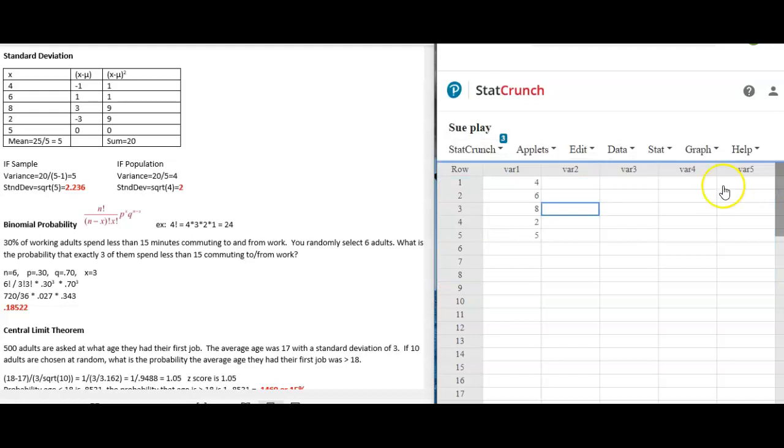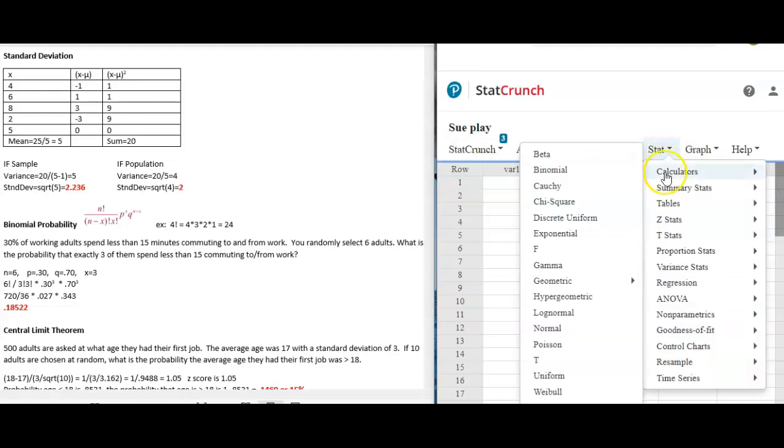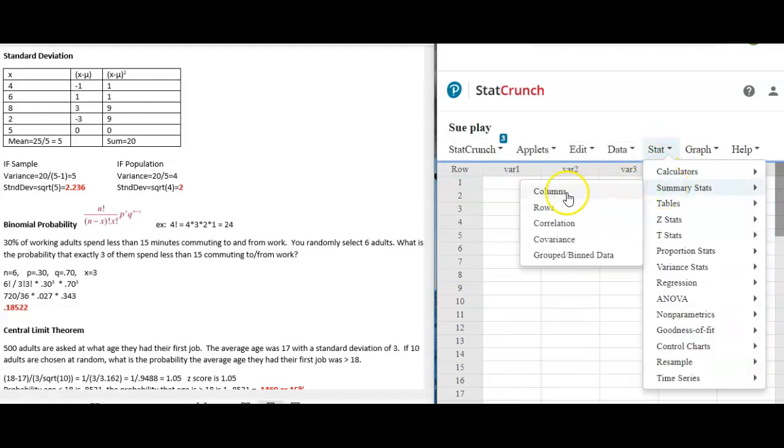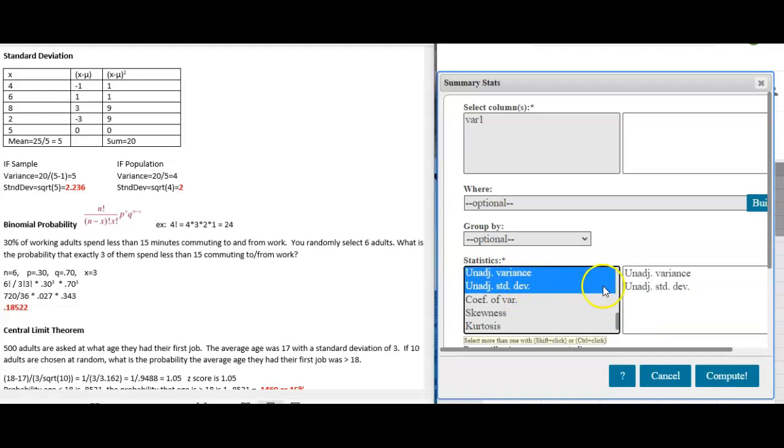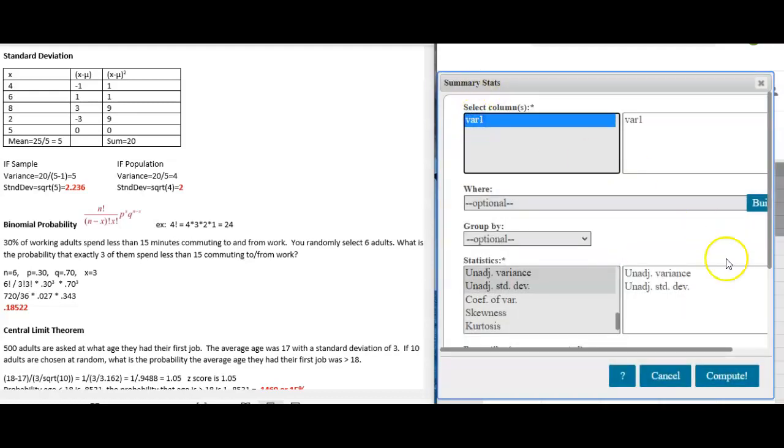If, on the other hand, you want a population, we go through the same process: summary stats, column. In our list, we have unadjusted variance and unadjusted standard deviation. That is what we would use for a population. So let's look at these two values. Oops, I forgot to select my column, sorry.